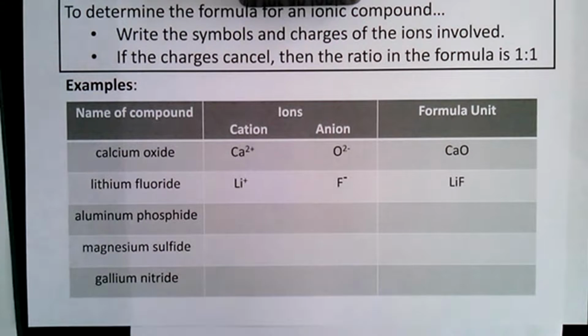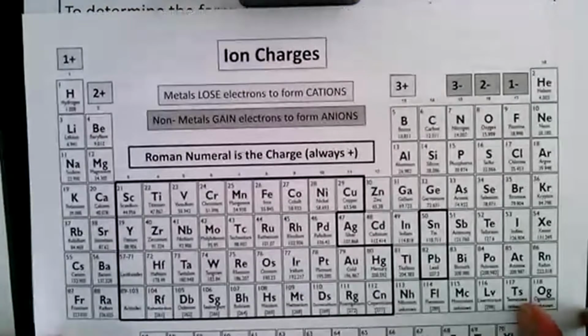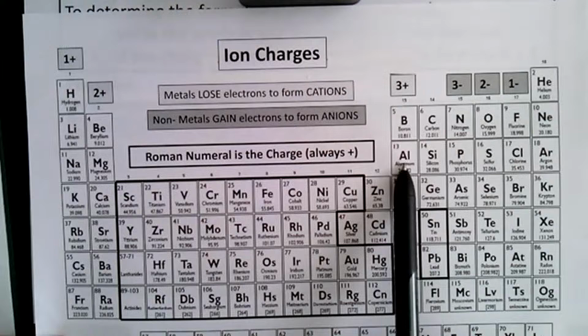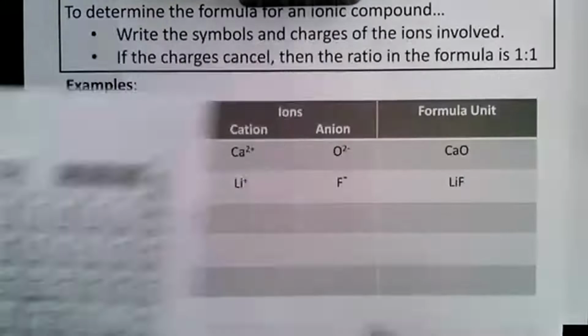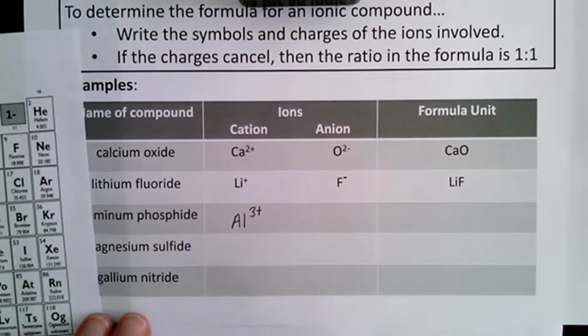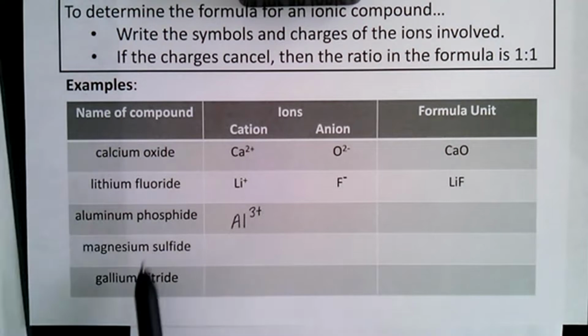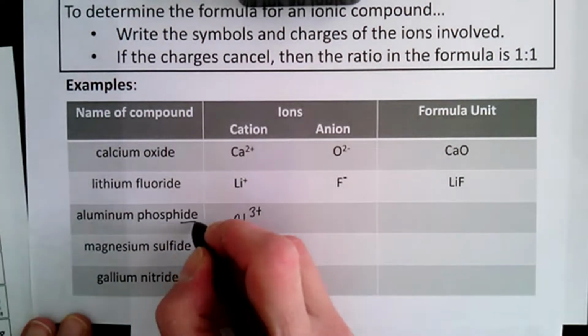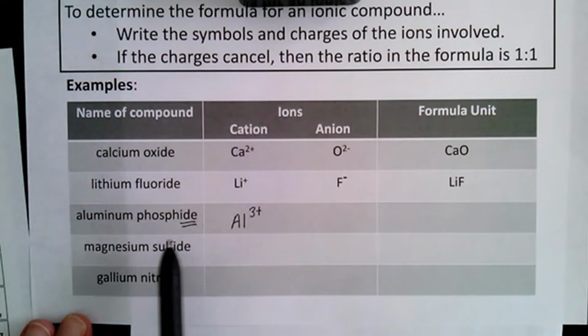I have to go to my periodic table to find aluminum. It tells me it forms a 3+. So my cation is aluminum 3+. And it doesn't matter if you write 3+ or +3. Phosphide. So recall that for anions, the last part of the name changes.